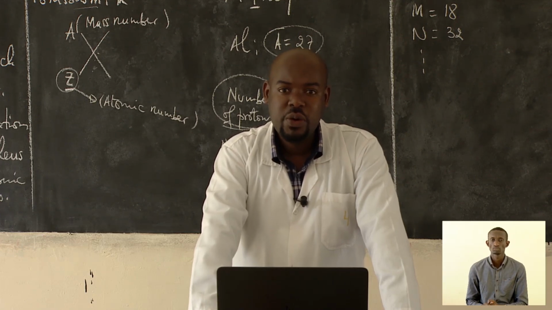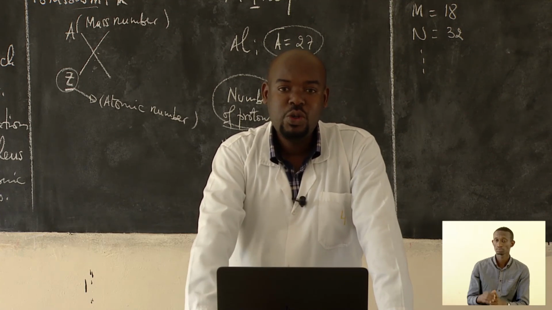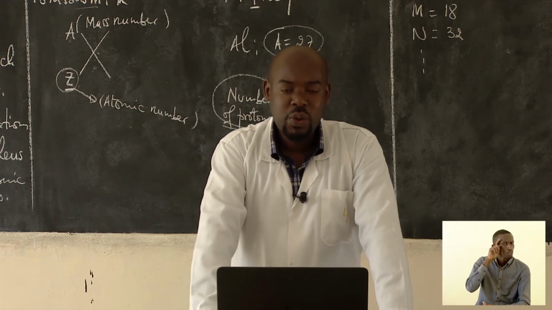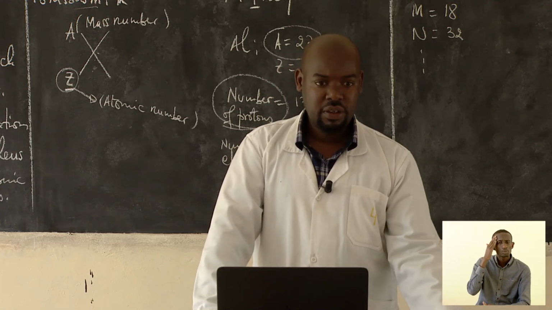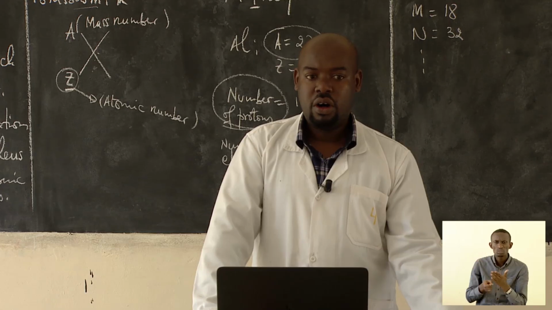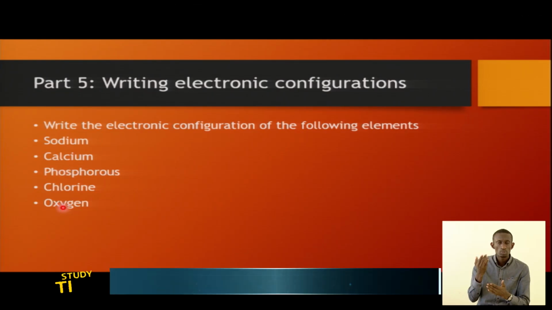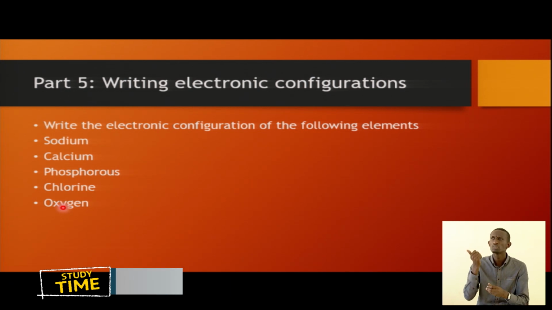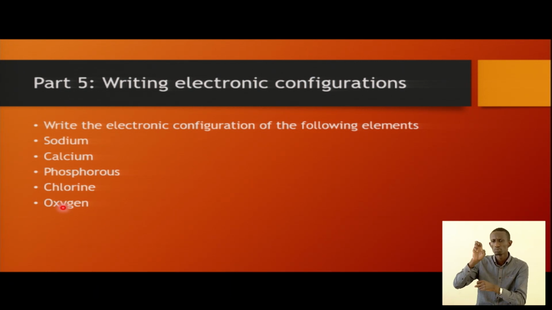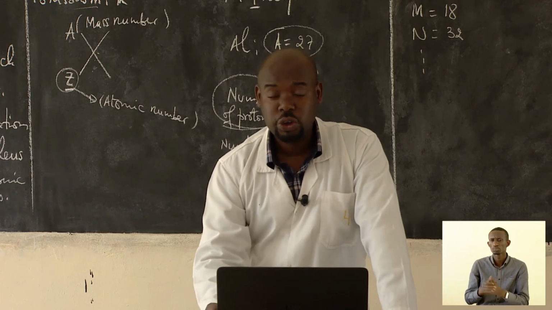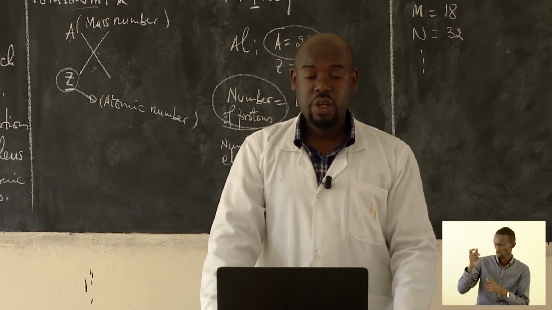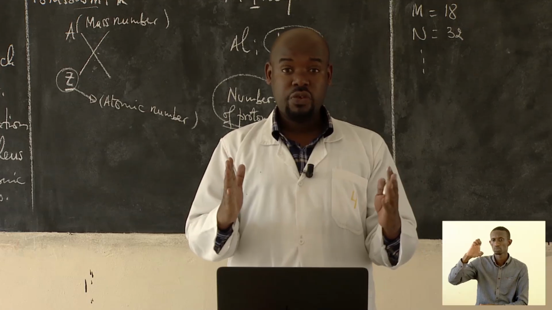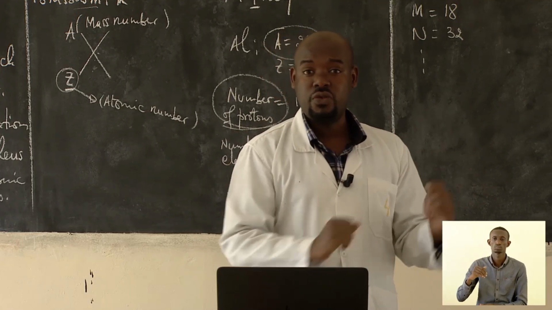And let me ask you one question. What do you think we need to know which has not been given on the slide here, but that we can identify from the periodic table? The main thing we need to know so that we can write the electronic configuration. The electronic configuration means the distribution of electrons.